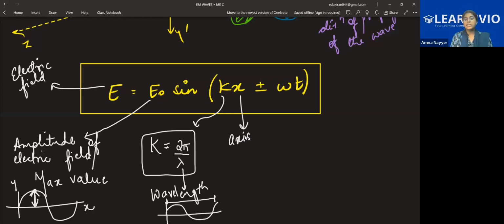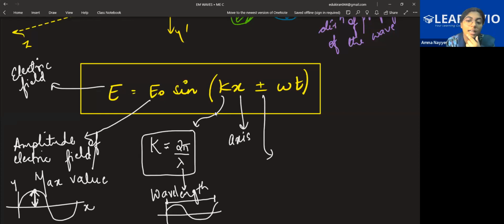Now, this plus or minus part is also very important. Basically, it helps us tell the direction of wave propagation along the x-axis. When we have these three axes, x-axis, y-axis, z-axis, we also take positive and negative.